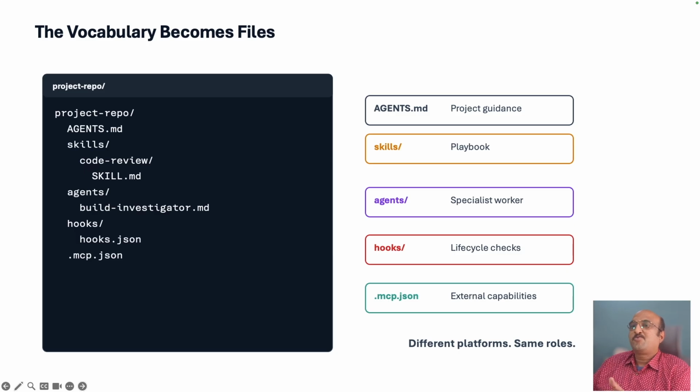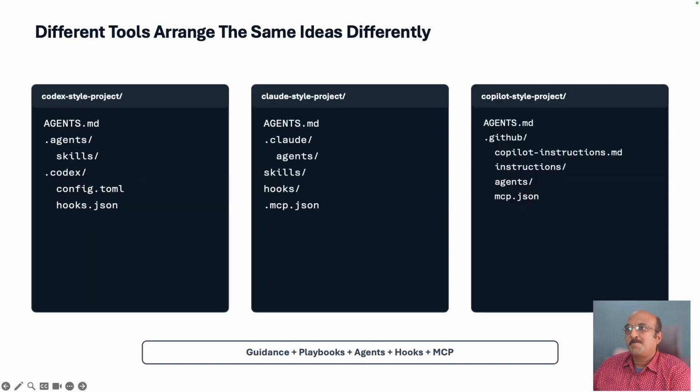And if you need any MCP server, then those will have to be declared in the mcp.json file. Pretty much all agentic platforms, be it GitHub Copilot, Claude, or OpenAI's Codex, use the same concept. Maybe they will place these things here and there, but the concept is pretty much the same.